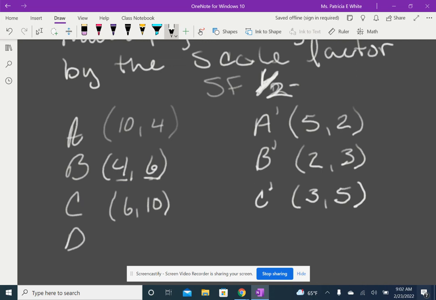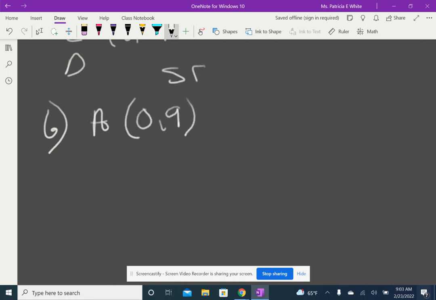Let's look at 6. Okay, another fraction. So if I look at A, I have 0, 9. On number 6, my scale factor is 1/3. Well, 1/3 times 0 doesn't matter.